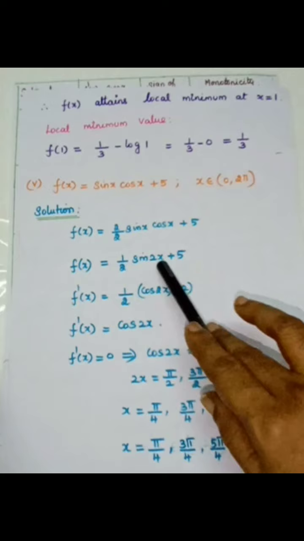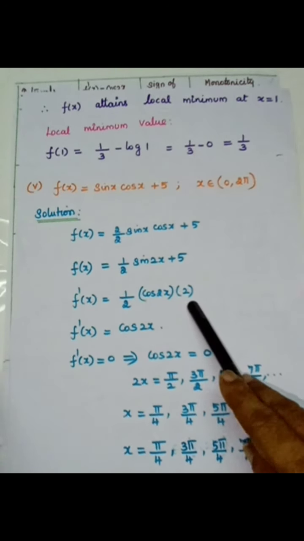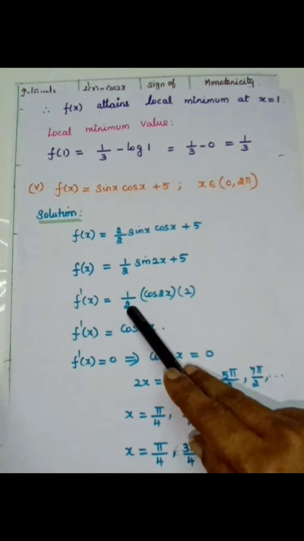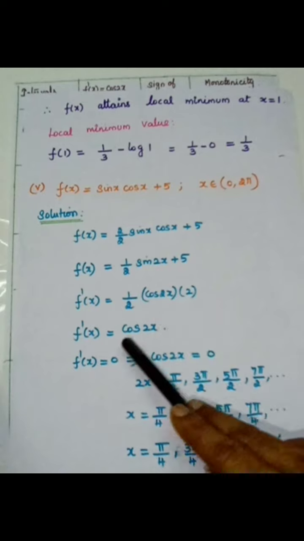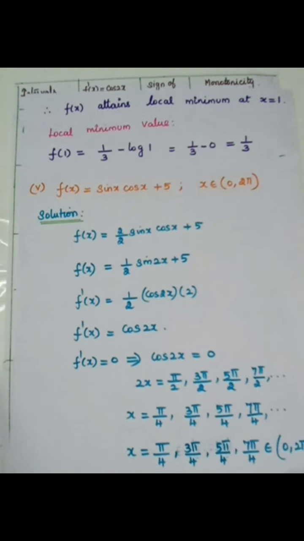So sin 2x differentiates to cos 2x into 2. Plus 5 is a constant whose differentiation is 0. This 2 and the 2 here cancel, so f dash of x is equal to cos x. What will be the next step? You have to find the critical number. For that, f dash of x is equal to 0.